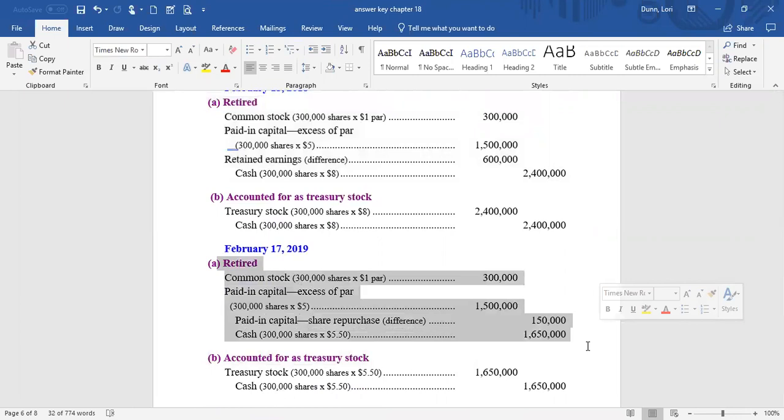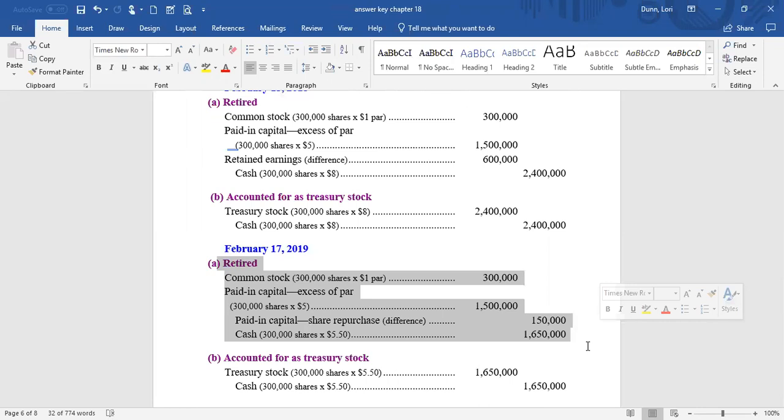They still will debit the common stock for the par value, $300,000, and the paid-in capital in excess of par for the $5 above par that it was originally sold for. So $1.5 million. In this case, the difference is credited to a paid-in capital share repurchase account.